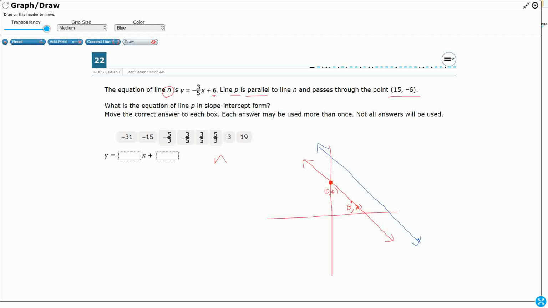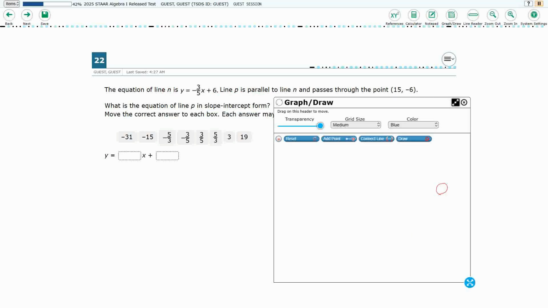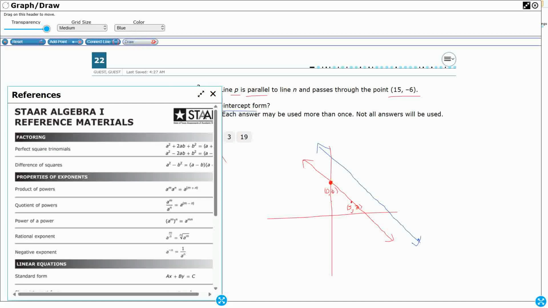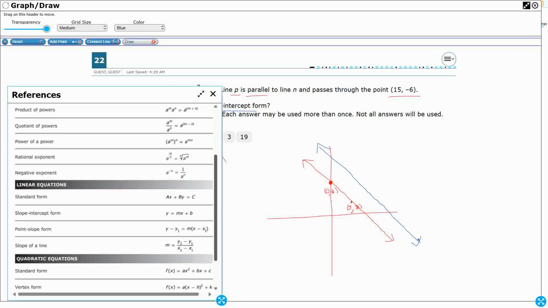So if it's parallel, we need to find the slope of this new line, and we need to write it in slope-intercept form. Okay, so we're going to need two different tools here, or our reference materials. We're going to need our slope-intercept form, so we need to know what that is.